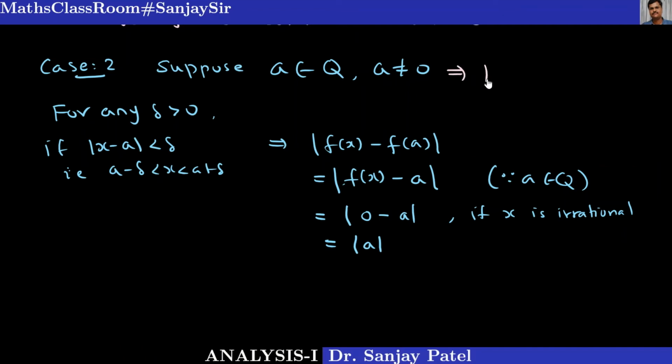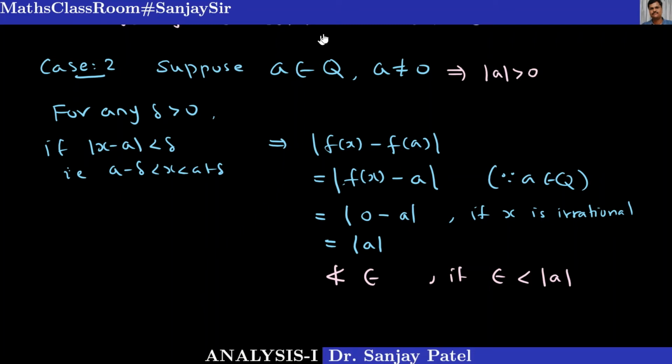So this is not less than epsilon if I choose my epsilon to be some number less than this constant. What is |a|? It is some positive constant. So if I choose this epsilon value less than that constant, then I cannot make the difference |f(x) minus f(a)| less than epsilon.